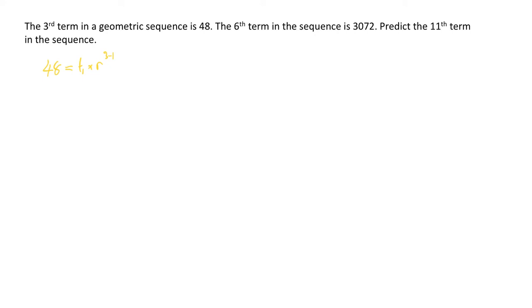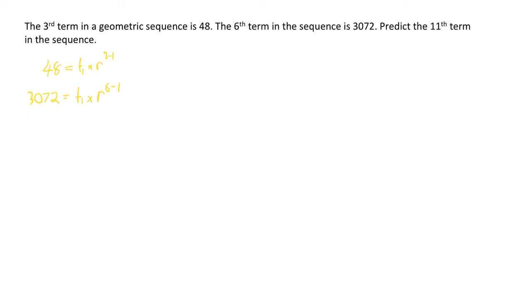That's the information I've got from the question, and I can also do that for the second piece of information, that the sixth term is equal to 3072. So 3072 is equal to T1 times R to the power of 6 minus 1.